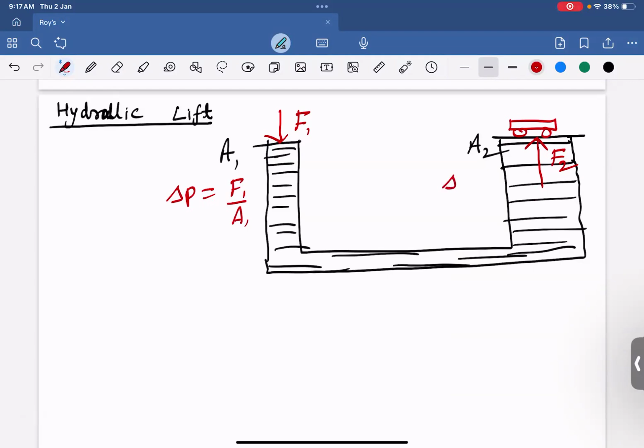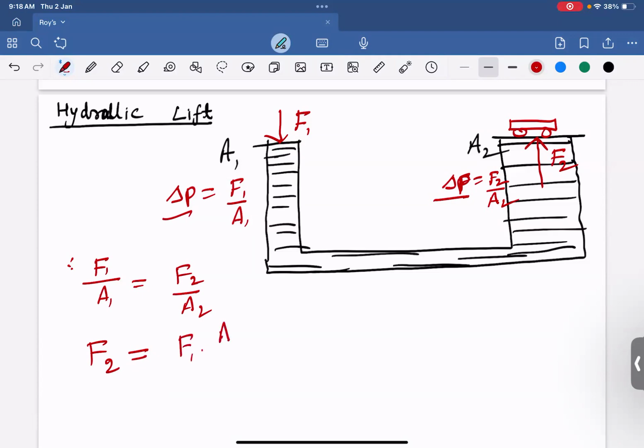So here delta P will be F2 by A2. Pascal says that the same pressure will move here and there. That means delta P here is the same for both. So we can write F1 by A1 is equal to F2 by A2. That means that F2, which the liquid will apply on the car, is basically F1 multiplied by A2 by A1.